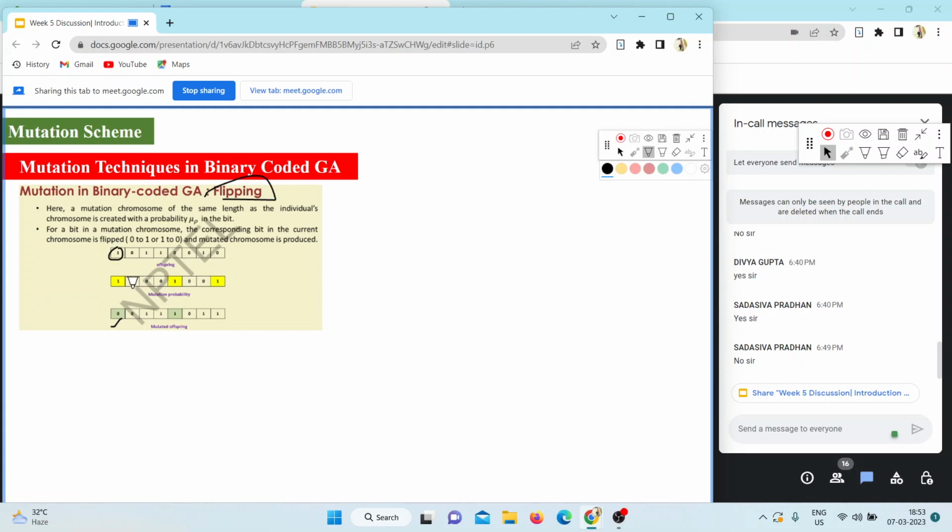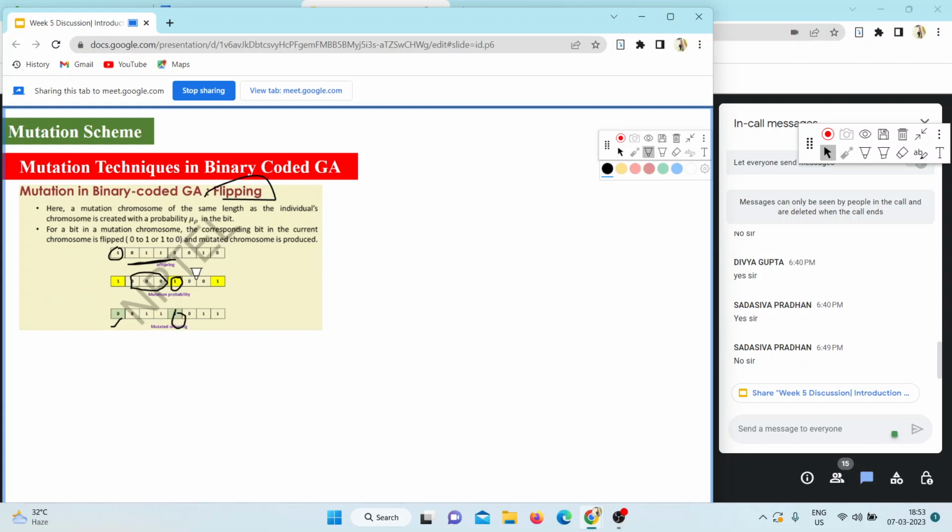Similarly for 0 0 0, in these 3 bits you do not need to make any changes, so they are copied. 0 1 and 1 are copied as they are. But here again the mutation probability is 1, so in this bit you have to flip from 0 to 1.